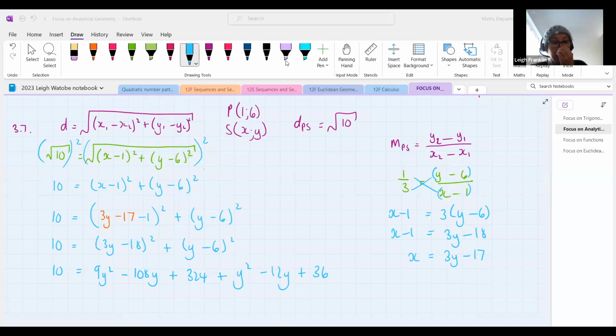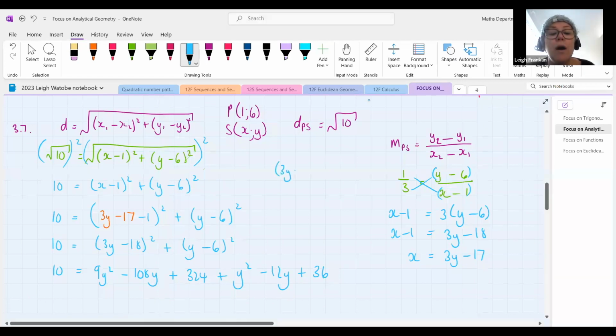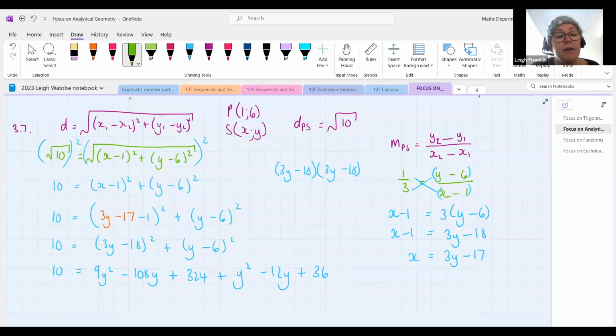Okay, so Rosaria, I'm just multiplying 3y minus 18 with 3y minus 18. I'm doing FOIL. What I've underlined in green is what I would get from FOIL, Rosaria.